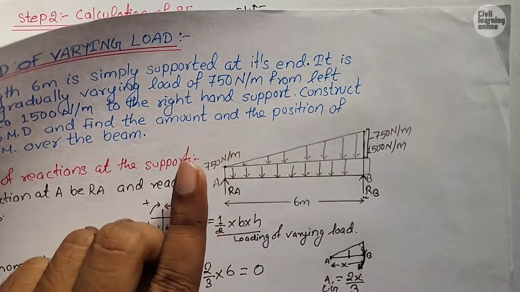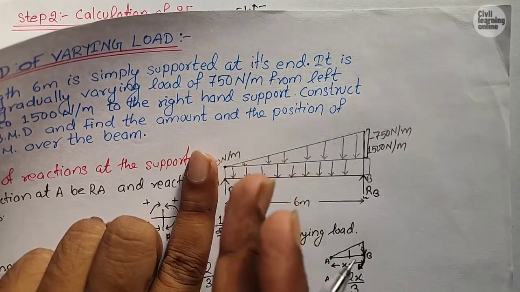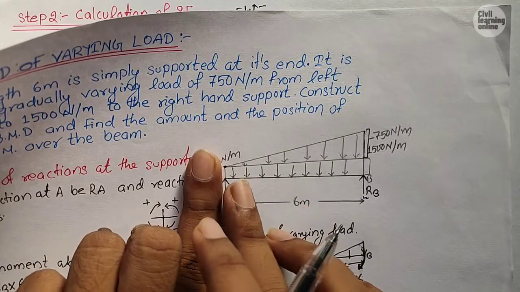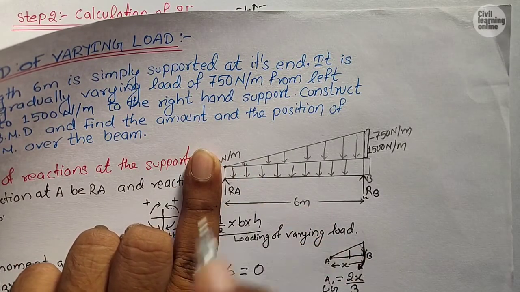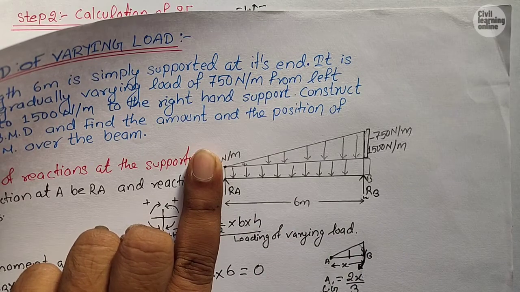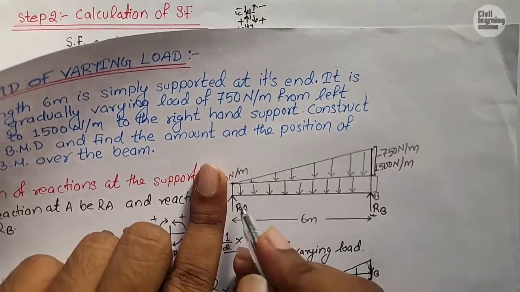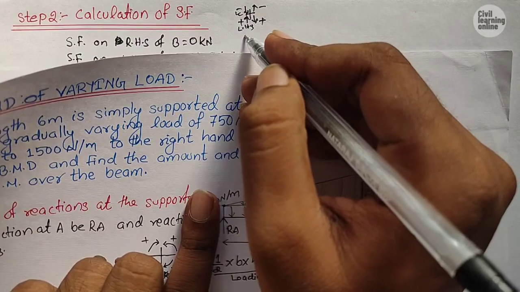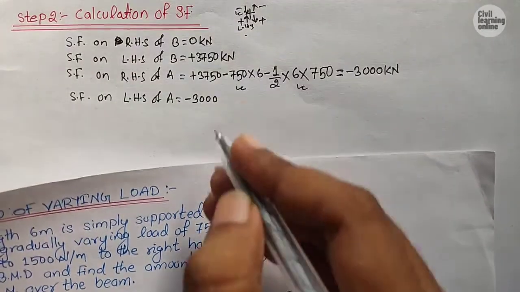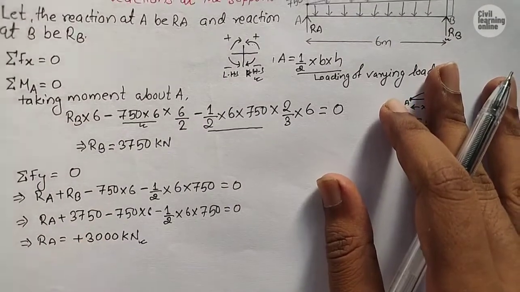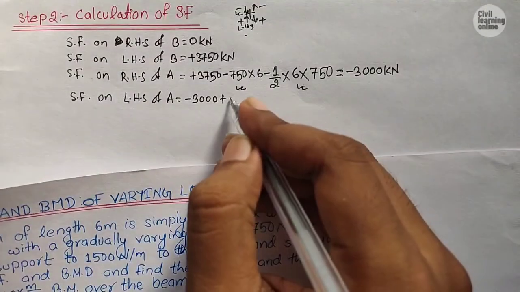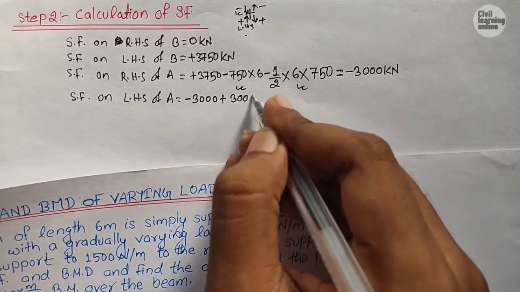Now while calculating the shear force on LHS of A, we have to move away from that point, and the reaction at that point is visible from the diagram, so we have to consider this reaction. The reaction is acting in upward direction, and from the sign convention it should be taken as positive, and the reaction at A is 3000 kilonewton, so it will be plus 3000 kilonewton.